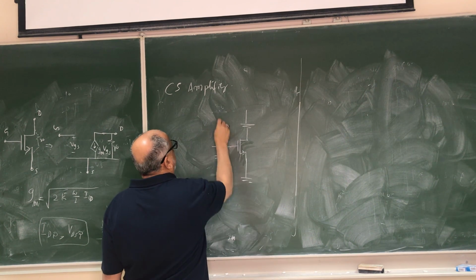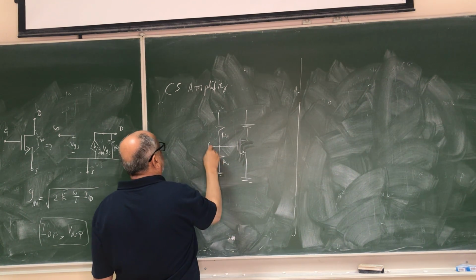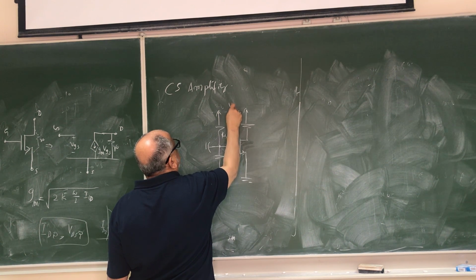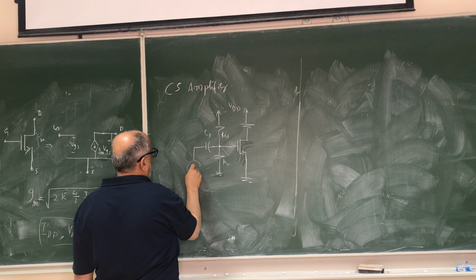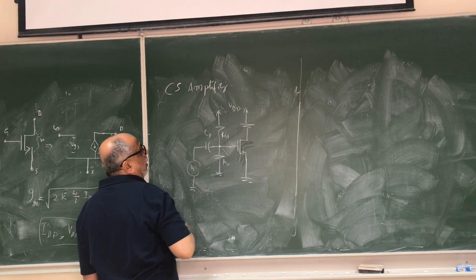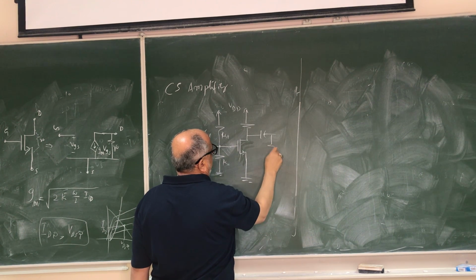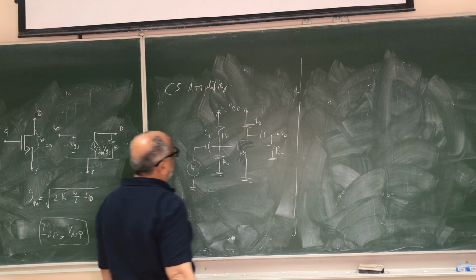this is the biasing circuit, RG1, RG2, and we have to use now, this is VDD, we have to use coupling capacitor C1, and that is your input VI here to ground, and then we have to use another coupling capacitor to couple the load, RL, V out, and this is your RD.